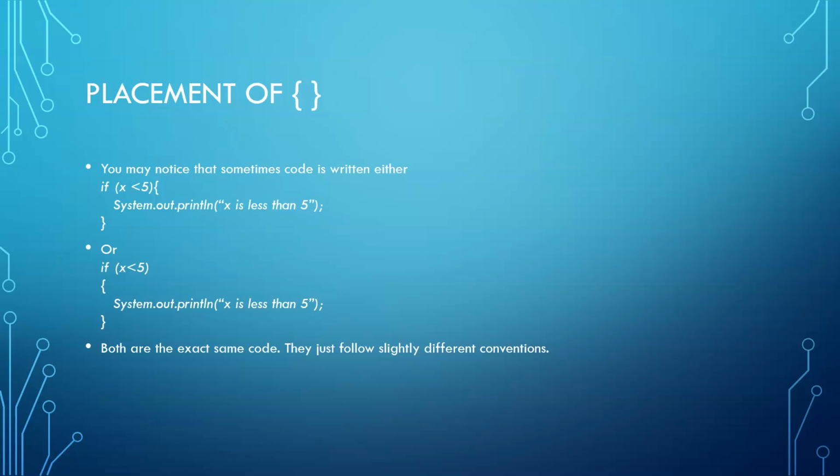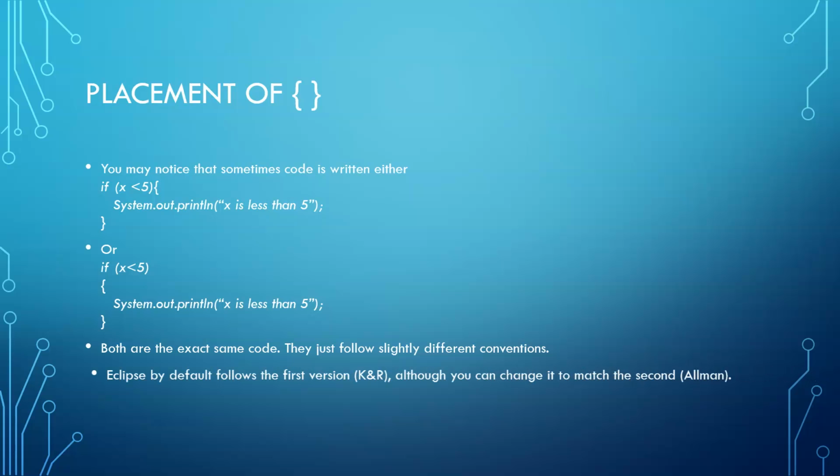Whichever one you want to do, it's fine. The important thing here is that you're consistent. So if you choose to do yours the first way, awesome, because that's perfectly acceptable. Just make sure that your entire program is using that convention. If you're going to be using the second style, awesome again. Just make sure your entire program is using that convention.